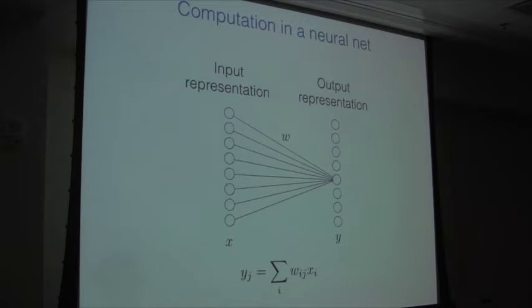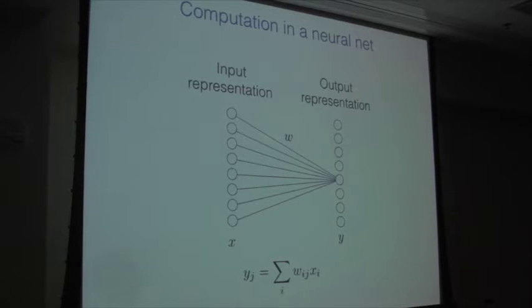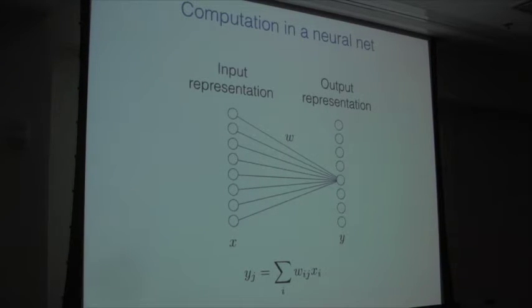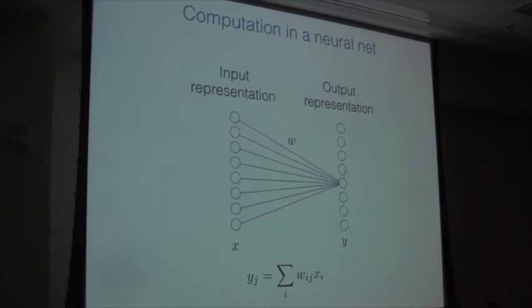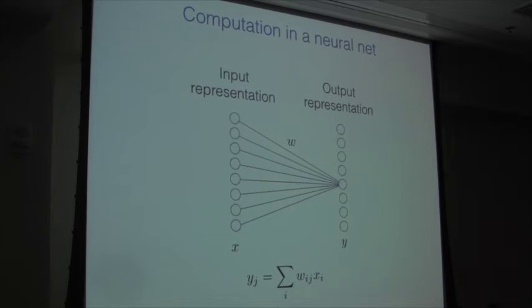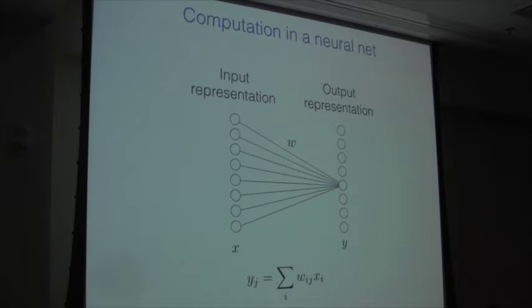To produce an output at some particular node, some particular feature in this output representation, it's going to look at all of the inputs and take a weighted combination of them. It's just going to be a linear operator. And we're going to do this for every single node in the output. I'm only showing one for simplicity.